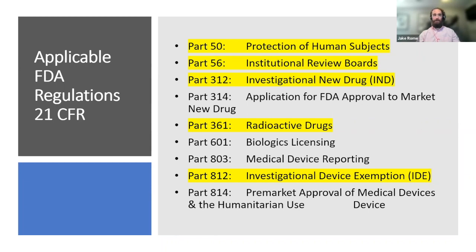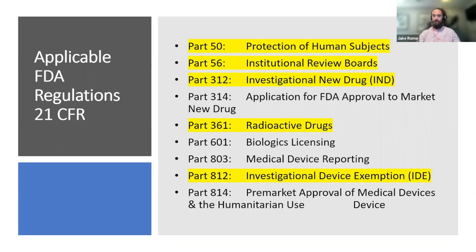It's also important to note that there are other regulations that apply to clinical studies, or to the development of drugs and devices that will be used in clinical studies. As an example, there may be good laboratory practice requirements when you're doing bench testing of drugs or devices, or if you're involved in designing a drug or device, there may be good manufacturing practice that applies to that development process.